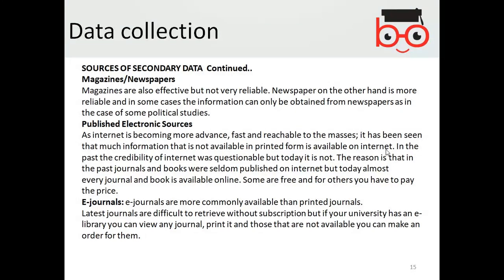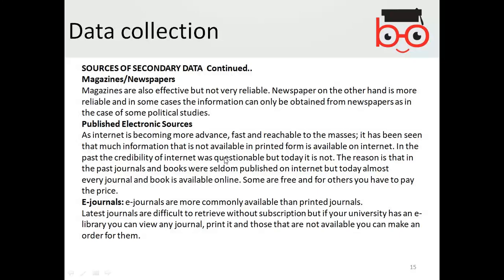It is very easy to quickly publish news, information or any finding on the internet straight away, available to the world in a few seconds. However, published print matter will take longer.